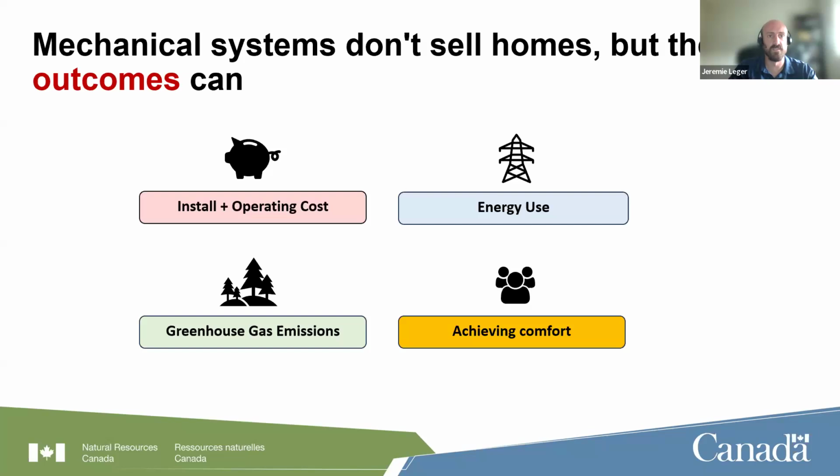It's the primary reason we install these systems in the first place. So making sure that we have good comfort is going to help promote the value of that mechanical system. So better systems achieving good comfort, lowering operating costs, and lowering greenhouse gas emissions will help sell new homes.